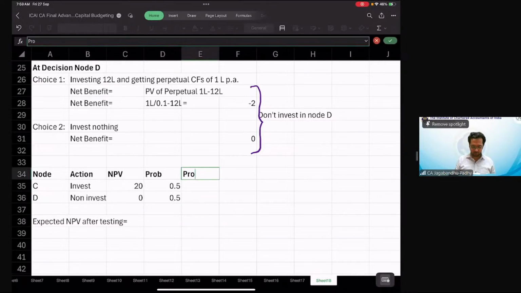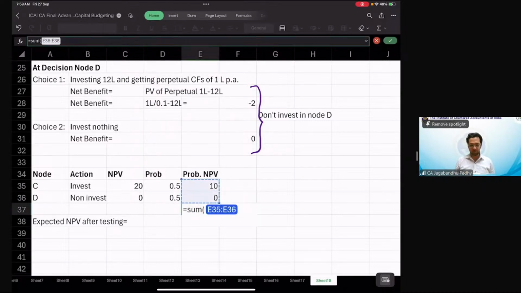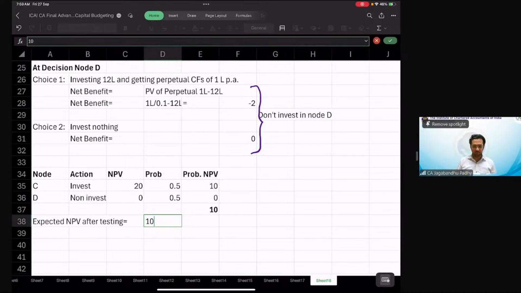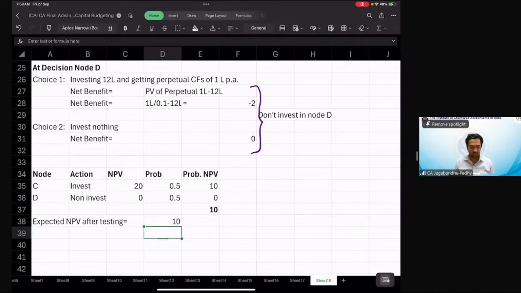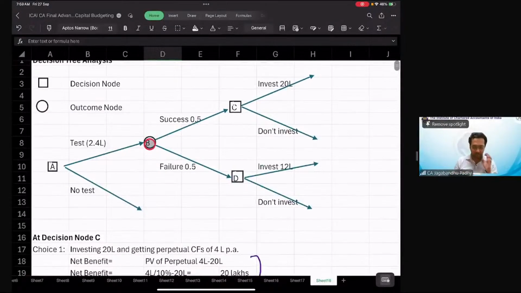Can I say it will be probability multiplied by the NPV? So that's going to be NPV multiplied by probability, and then we take a summation. Right? So expected NPV after testing is 10.